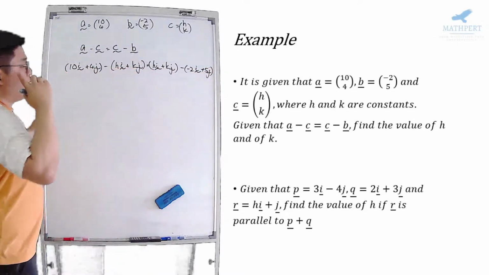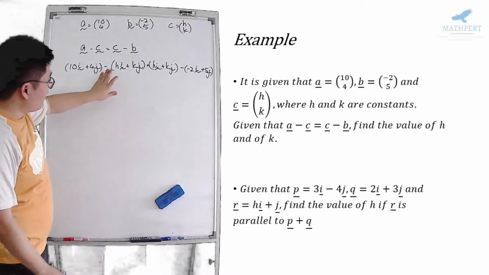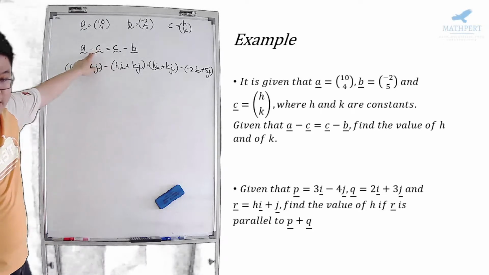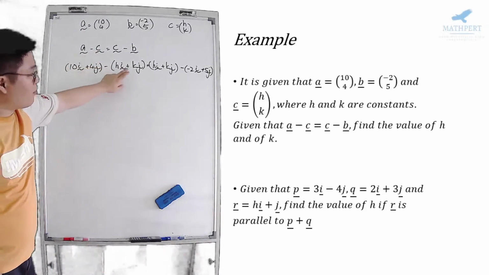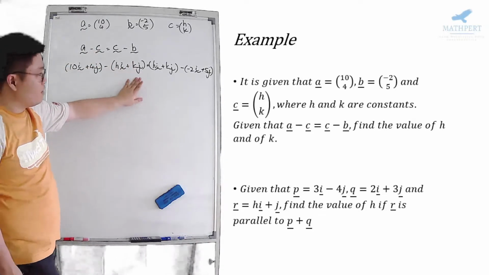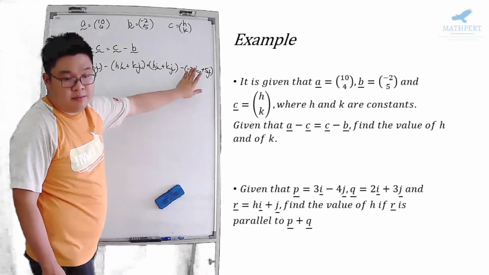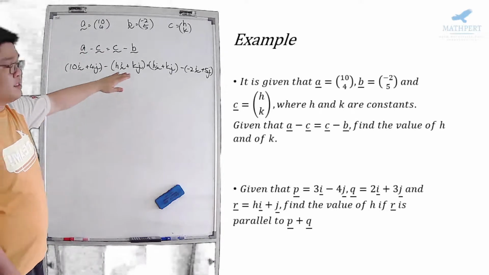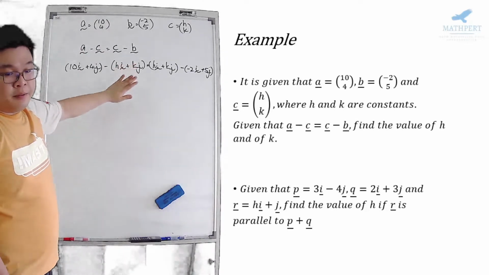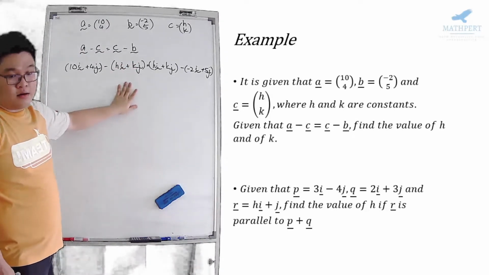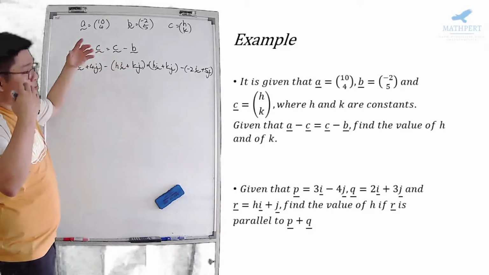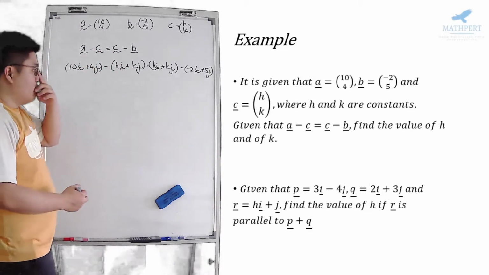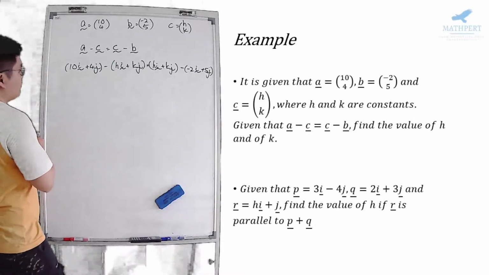Okay, remember to put a bracket. Why? Because this is a negative over here. Negative and positive will become negative. Negative and negative will become positive. Alright, a lot of students make this kind of mistake. So please remember to put your bracket, even though you can do it mentally, to avoid silly mistakes.